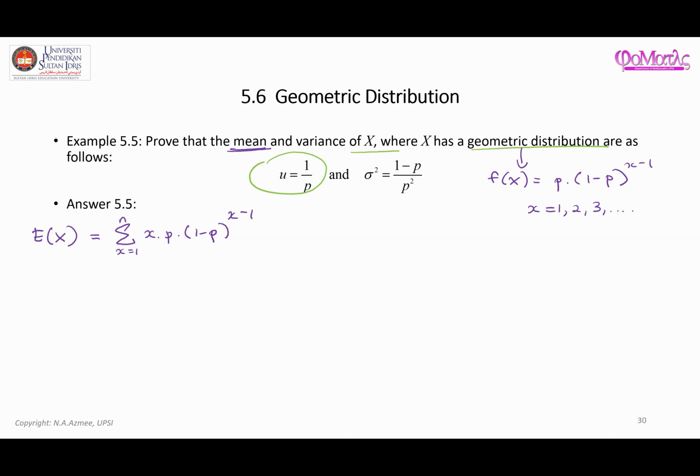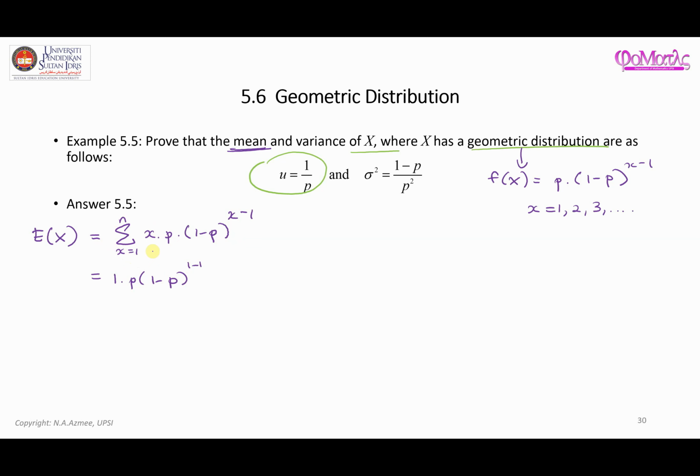Maybe we can expand this process. If you substitute the value of 1 into x, you will get 1 times p (1 minus p) to the power of 1 minus 1.